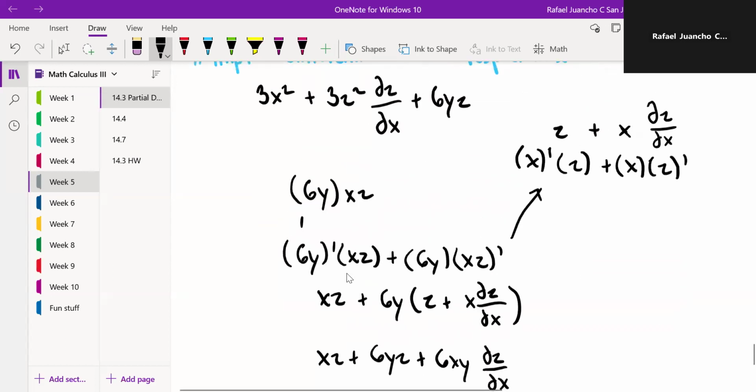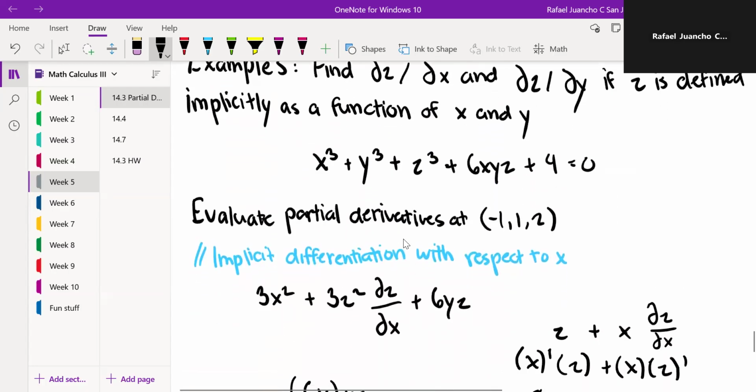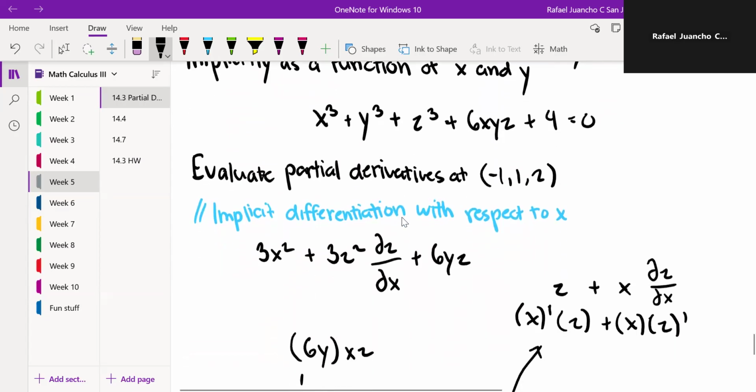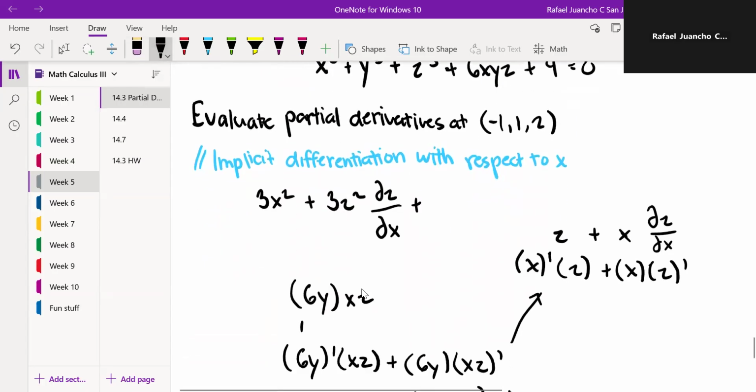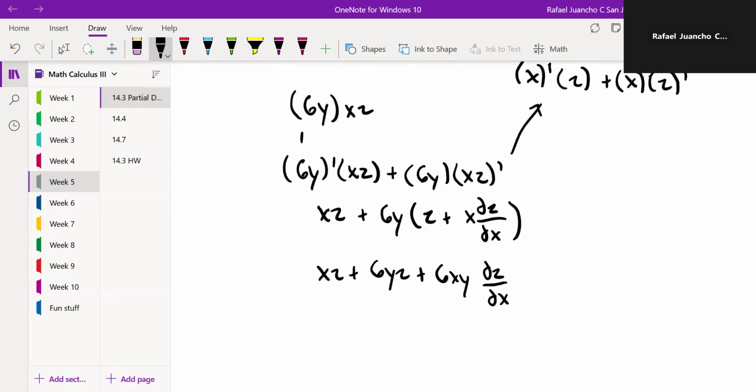Six, wait a minute. 3z. Where in the world did I get? Oh, so it's here. Okay. And then, yeah, okay. Then I do 6xyz. Okay, so let me see.